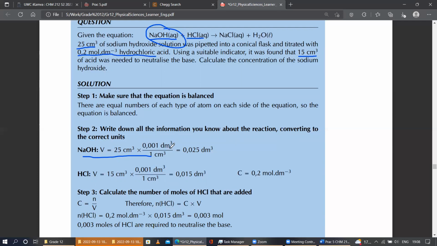You can just divide 25 by 1,000, or you can just say 25 times 10 to the exponent -3.